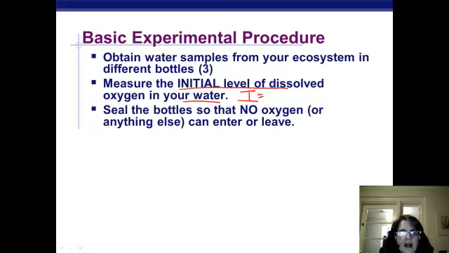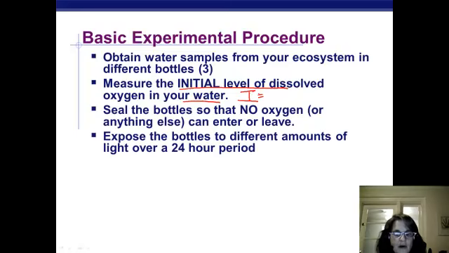And then we would seal up those bottles so that the oxygen amount cannot just change because some of it left or new oxygen came into the bottle. We want to lock in what's there and then be able to measure it at a later time. So we seal up those bottles, then expose them to different amounts of light for 24 hours.